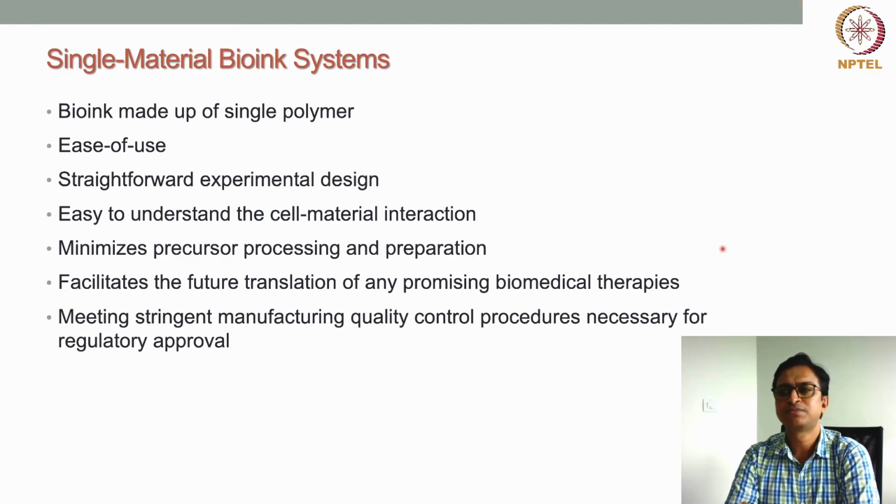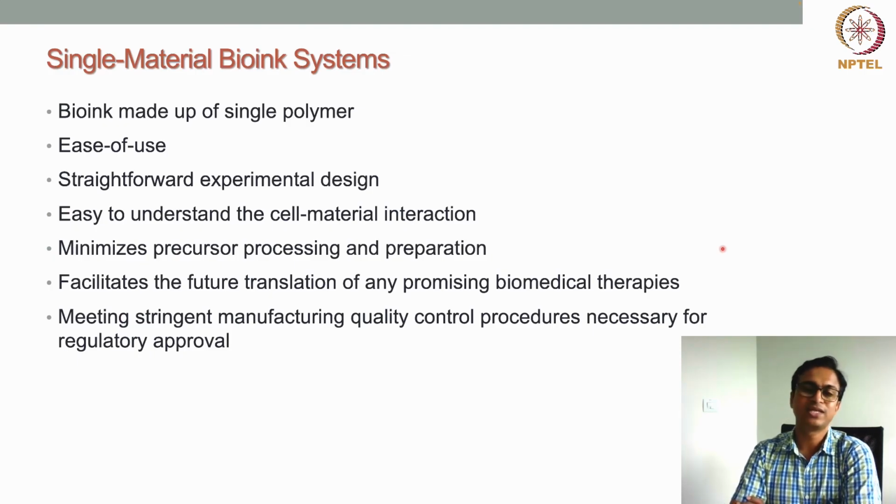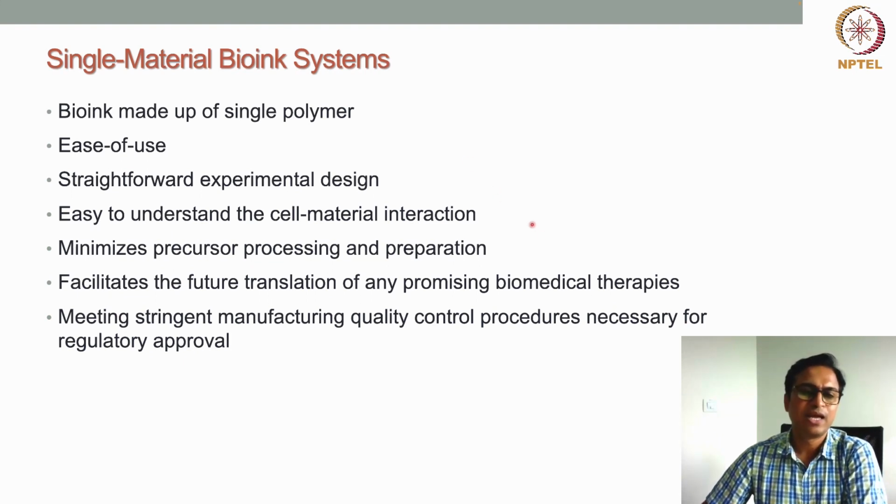Another thing is that when we are working with a single material system, it is very easy to understand the cell material interaction. That means when cells are incorporated within the bioink, how the cells respond to the material, how cellular proliferation, cellular migration, differentiation and so on are affected.